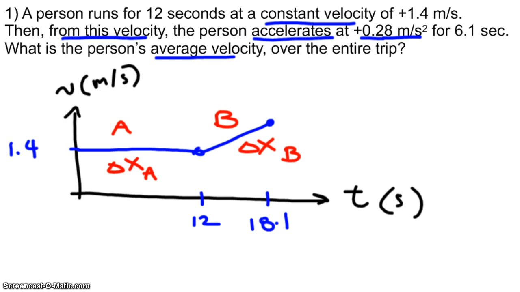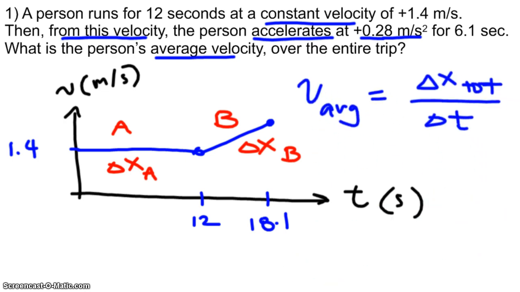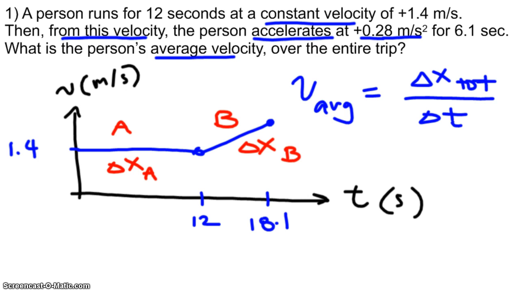What were we trying to find? Oh yeah, look at this. We want to know the total displacement. We need to calculate that along with total time. We need to know delta X total and delta T total if we will successfully solve for V average.